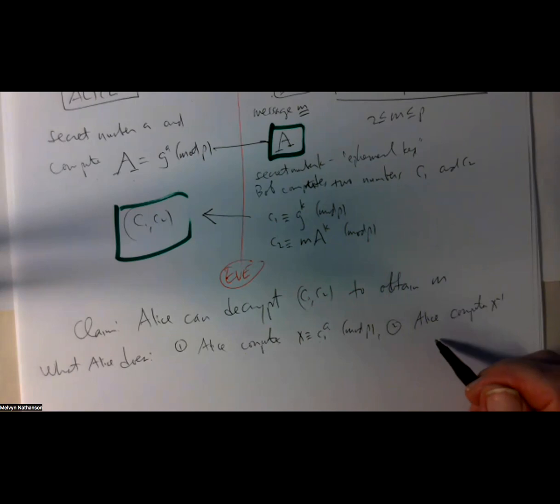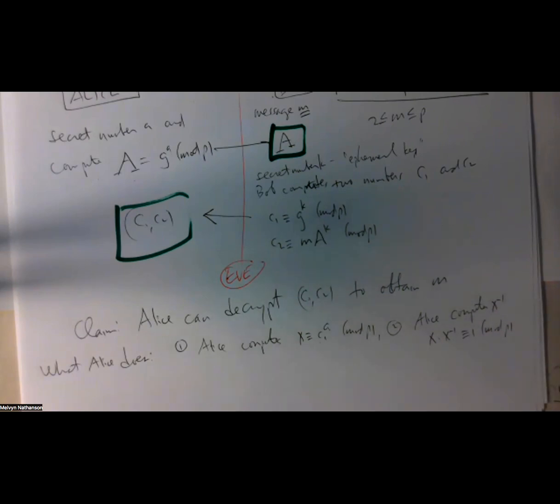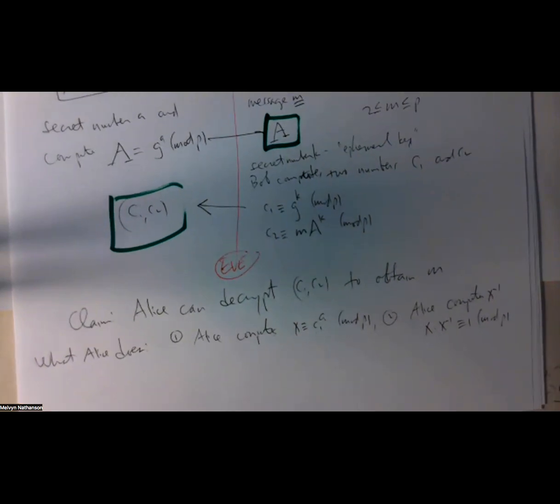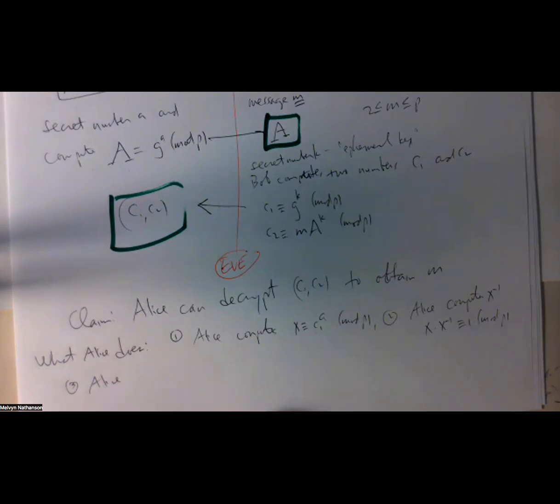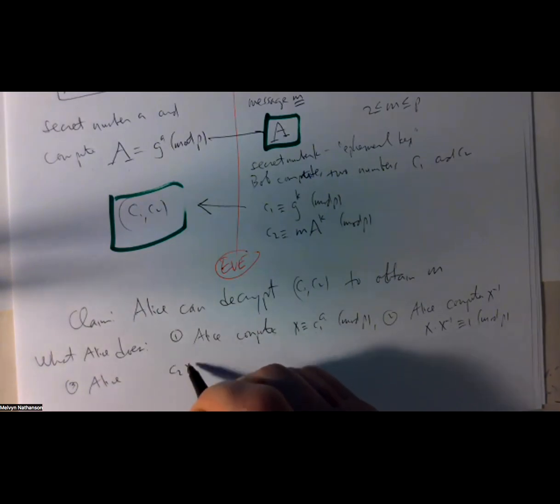That is, X inverse is a number such that X times X inverse is congruent to 1 mod P. Right? Every non-zero number mod P has an inverse mod P. Alice can compute X inverse. Next, this is the third step. Alice multiplies C2 by X inverse and looks at it mod P.